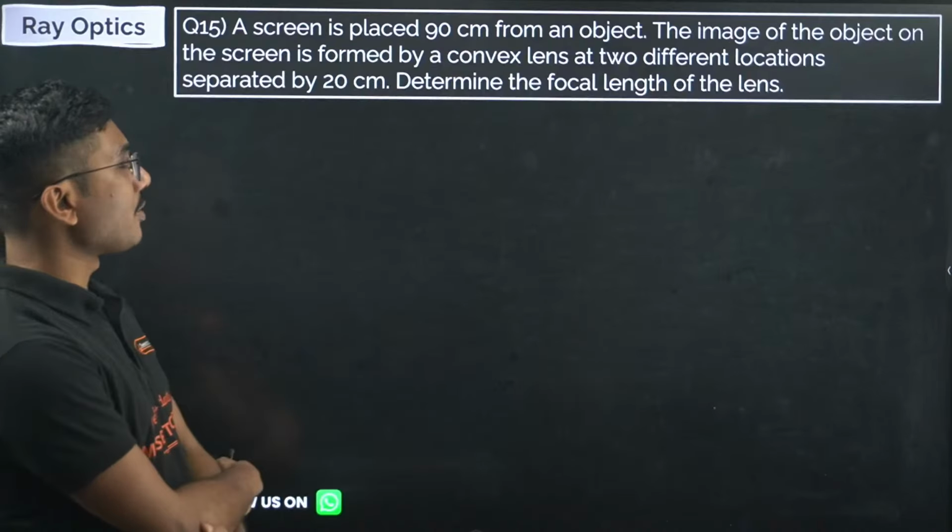So D here is 90 centimeter. For lens problems you do not need to convert into SI units, unless it is a power related question. So 90 square minus 20 square divided by 4 into 90. Now calculate this and tell me the answer.